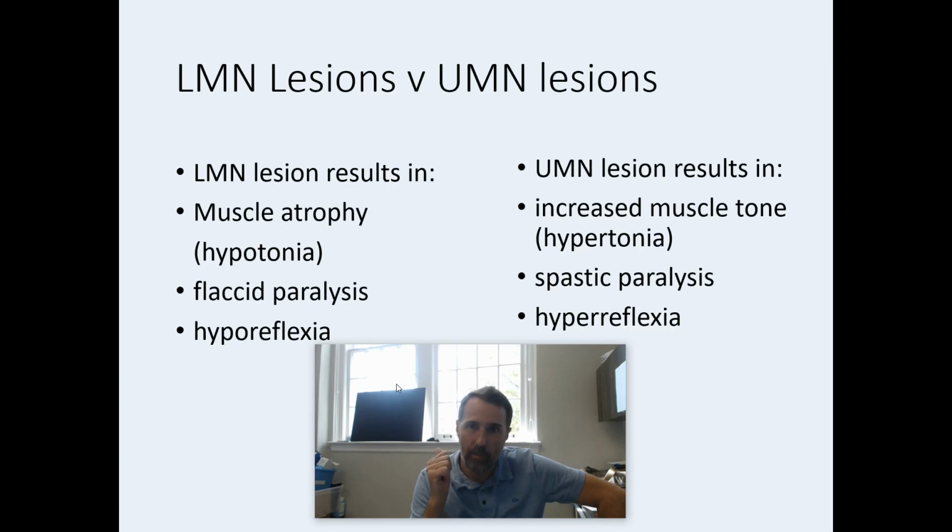Flaccidity is hypotonia, weakness, hyporeflexia. Hypotonia meaning muscles too loose, hyporeflexia meaning a lack of appropriate reflexes, and weakness meaning an inability of that muscle to carry out movement as the person intends. Weakness or paralysis is fine if you want to use the word paralysis.